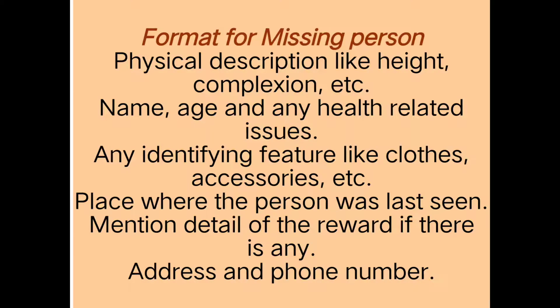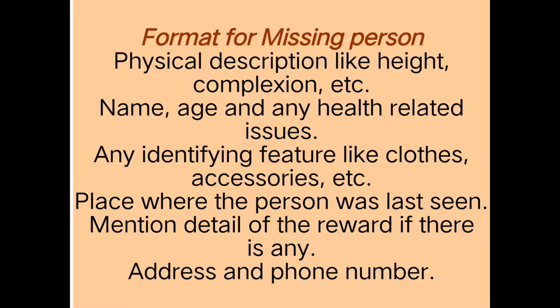So, this is the format, you can see what you have to give, the necessary details: physical descriptions like height, complexion, etc., name, age and any health related issue, any identifying feature like clothes, accessories, etc., place where the person was last seen, details of the reward if there is any, and the address and the phone number. Okay. So, this is what you write. You see, this type of advertisement is always put on the walls at public places also.